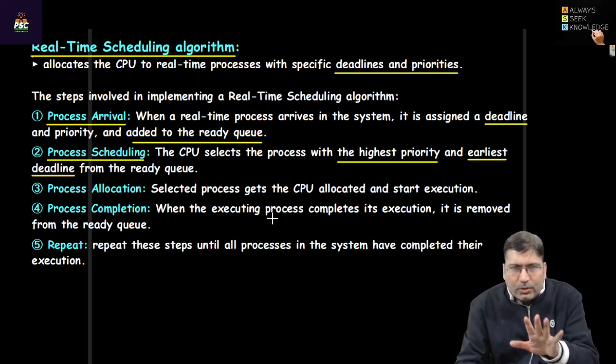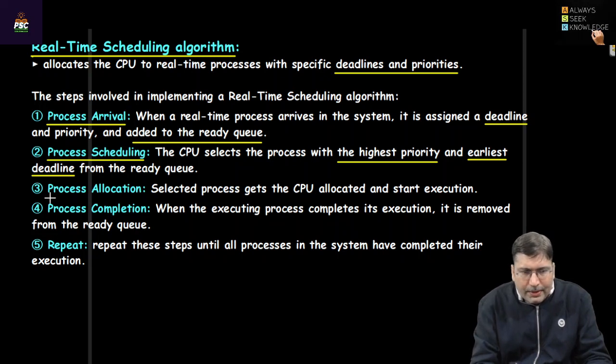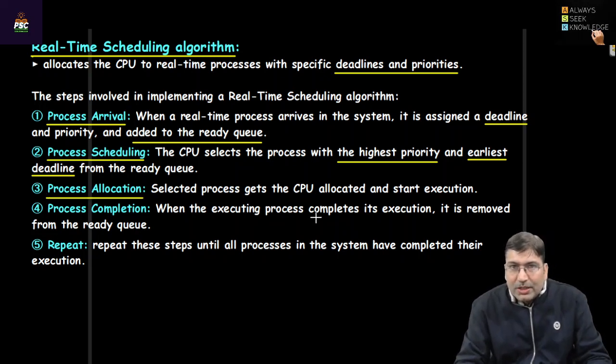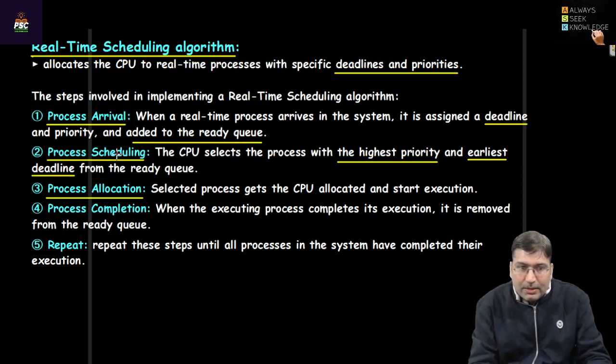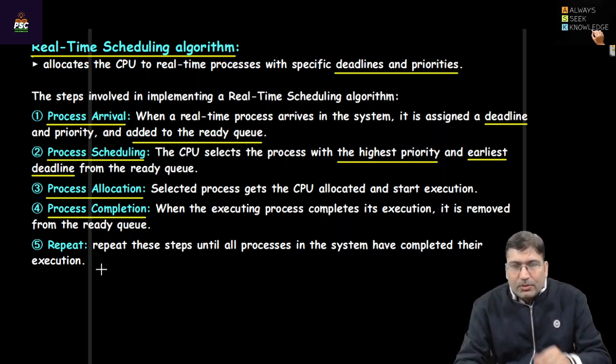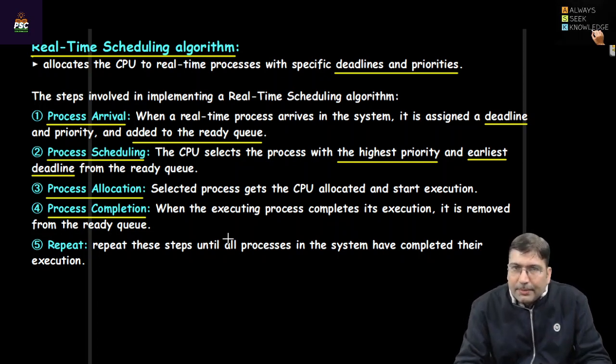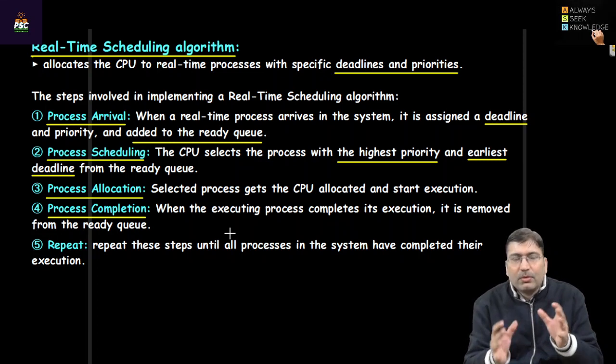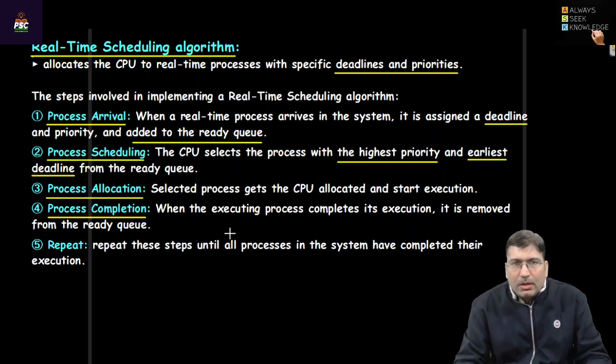We will solve problems on this also. Then the processor will be allocated to the process selected at the earlier stage, and then the process will execute and complete. Once it completes, the steps will be repeated. The process will be picked based on the priority and the deadline. So this is the real-time scheduling algorithm.